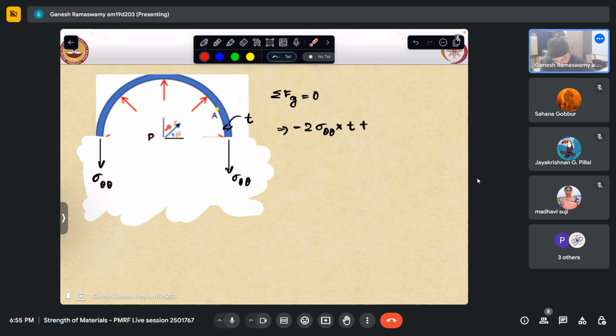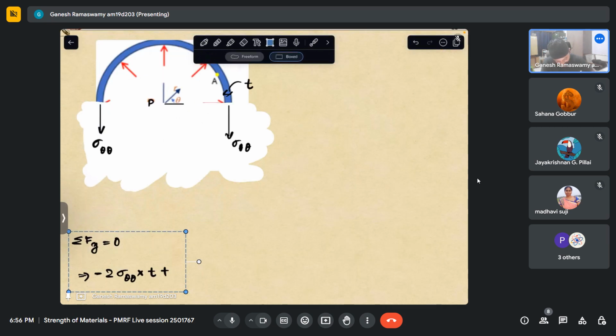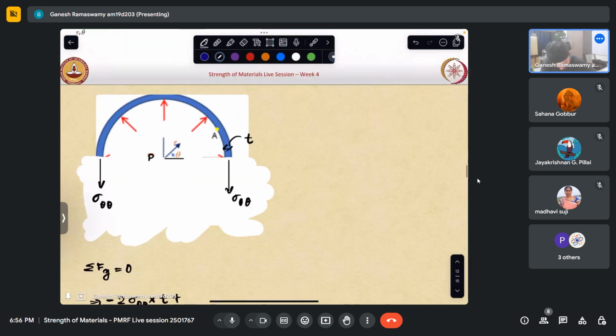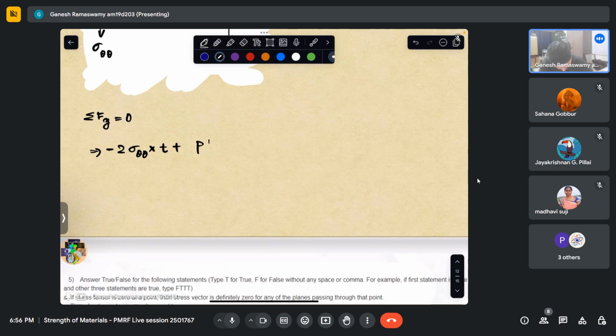Everywhere else it is normal to the surface. But I have to take the vertical component of that. So how will I take? If I take a small element over here, on this element, what will my stress be? P sine theta, and the width of that will be r d theta.